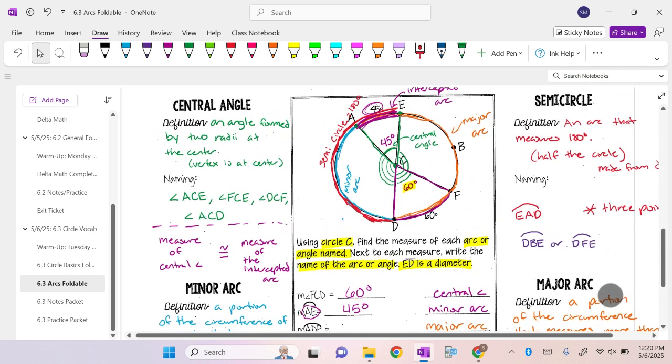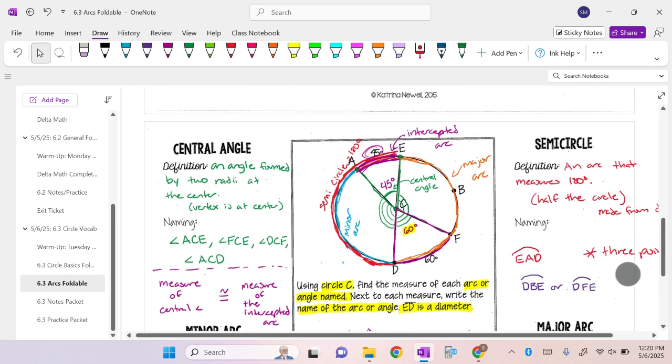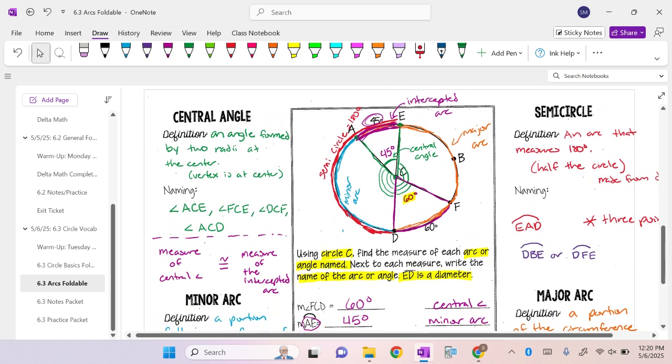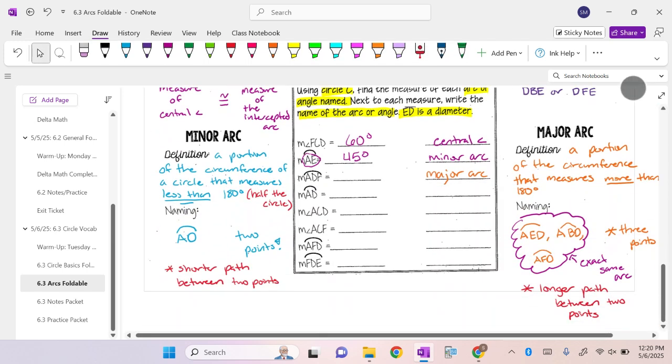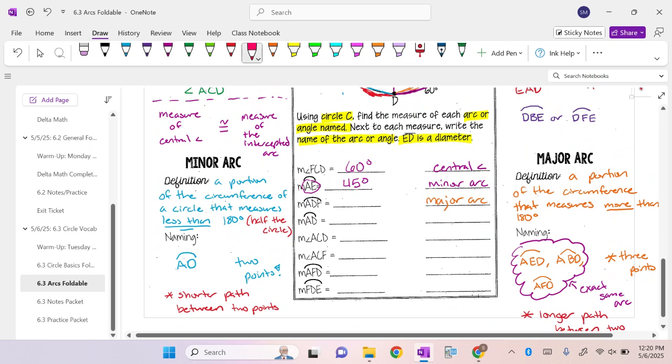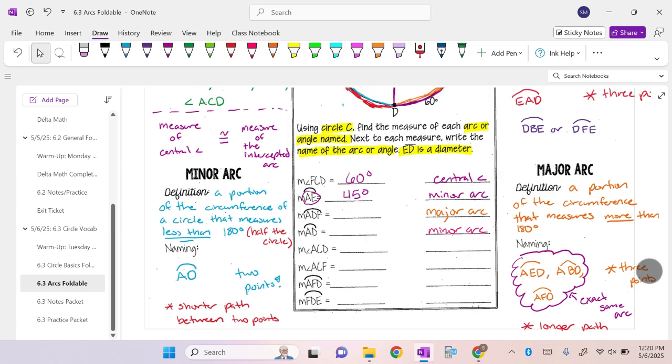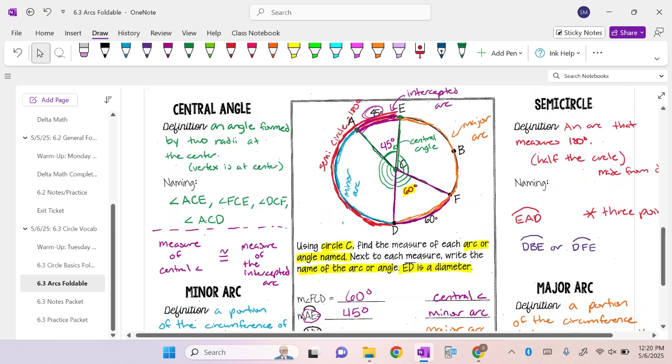What about the measure of AD? First off, is AD a major or minor arc or semicircle? It's a minor arc. It's right here. It's clearly less than 180, and it's made up of 2 different points. So this is a minor arc. Now, this value I can find fairly easily.